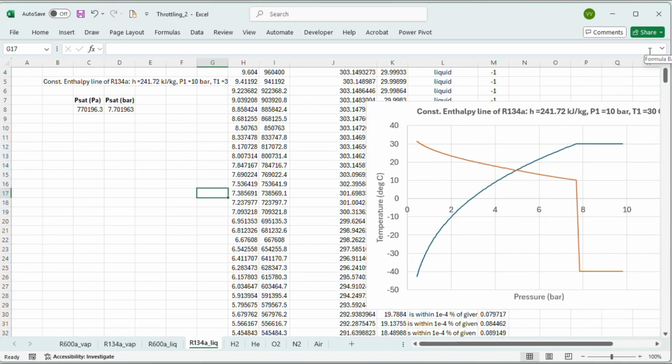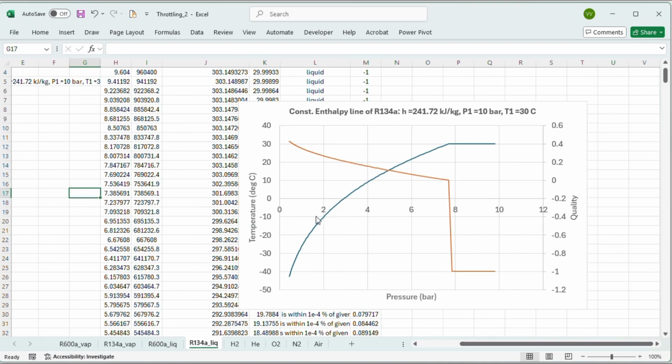If you consider the phase of the fluid that's going through the expansion device to be liquid, what you can see here is a dramatic drop in temperature for a small range of pressure.